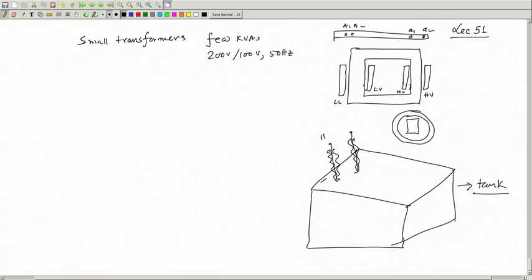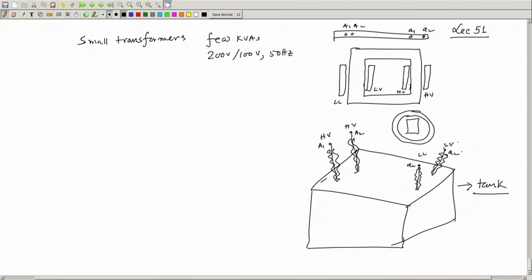These may be HV terminals, single phase I am drawing, and another pair of bushings will be there, whose insulation level will be less. Just to give you the idea, another bushings, two terminals will come out. These are LV terminals. This is, suppose, capital A1, A2, this is small a1, a2. I am just giving you the idea.